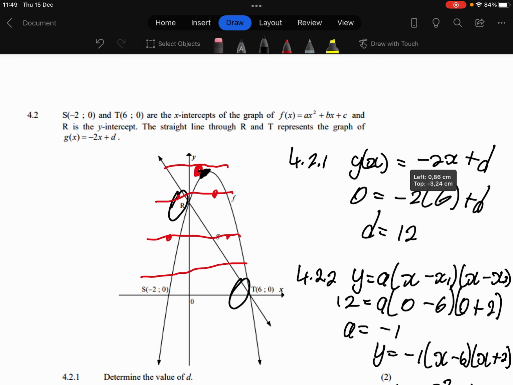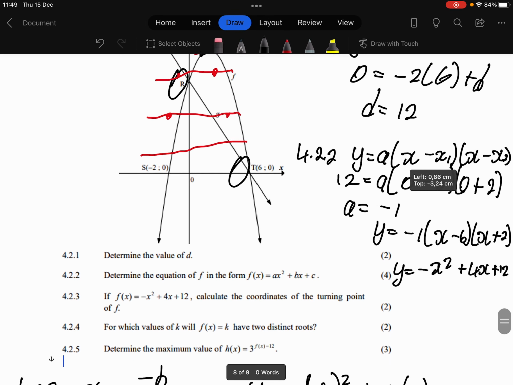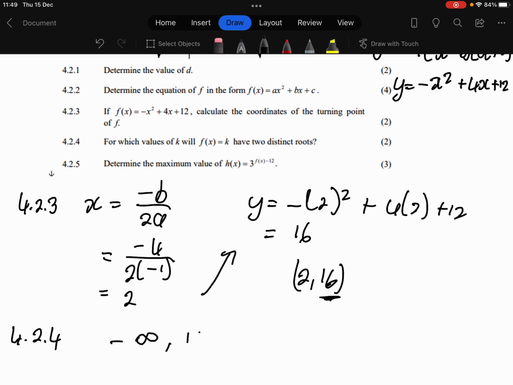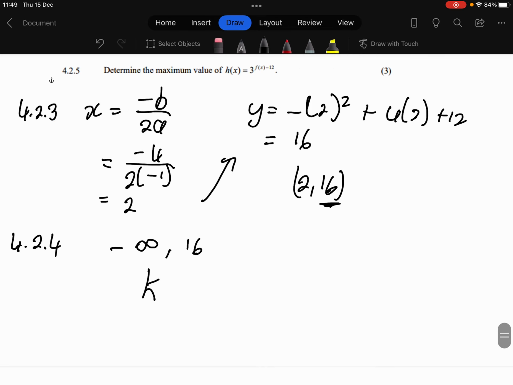Okay, so it cannot be above the turning point, and we know that the turning point is at 16. Another way to write this is you could say when k is less than 16. I hope that makes sense.